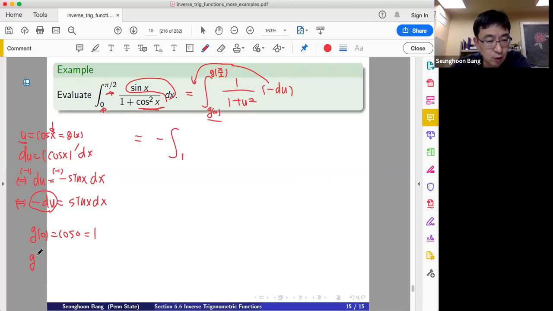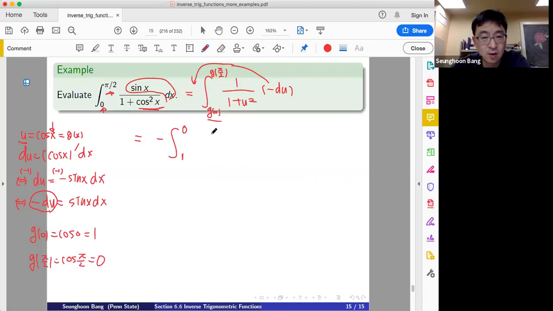Now plug 5π/2 into here. What's g of 5π/2? g of 5π/2 is cosine of 5π/2. What is the answer? Good. The answer is 0. Yes.